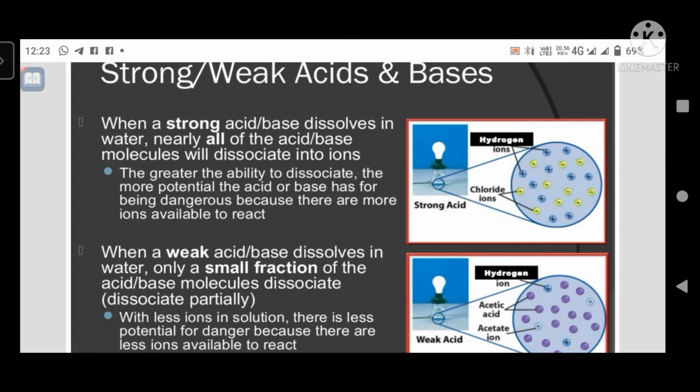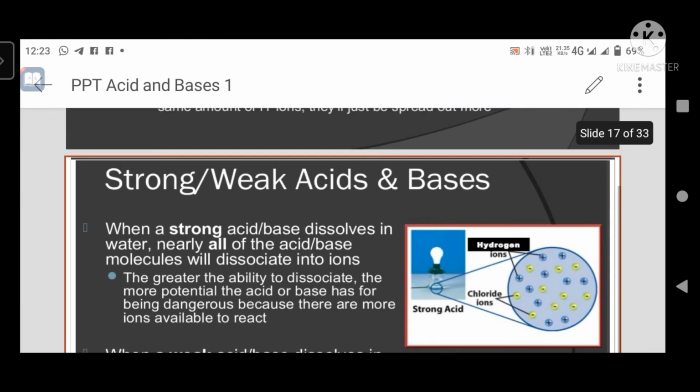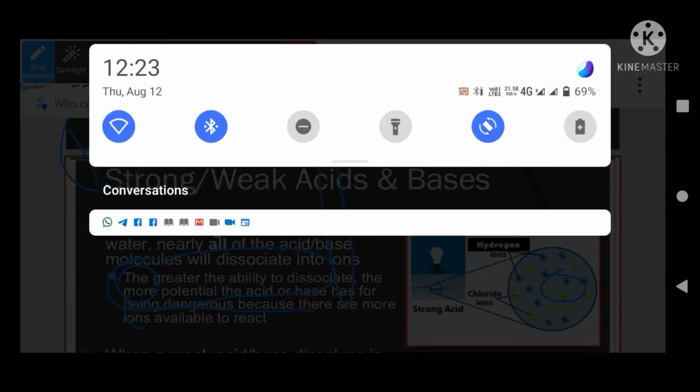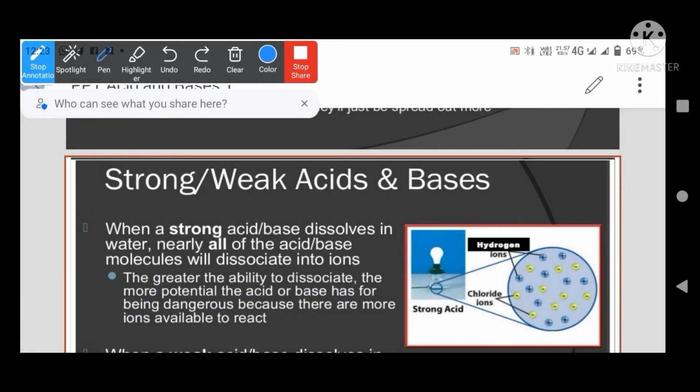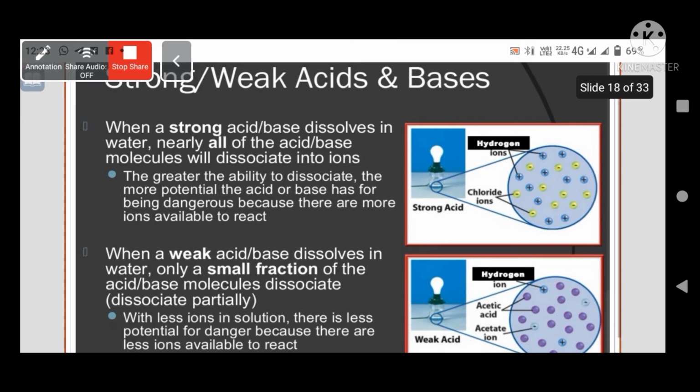When a strong acid or a base dissolves in water, nearly all of the acid or base molecules will dissociate into ions. Here you can clearly see the dissociation in the solution.